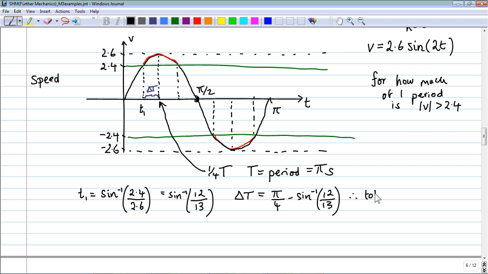So total time is just 4 times pi over 4 minus inverse sine 12 over 13. So that's something we need to check on a calculator.